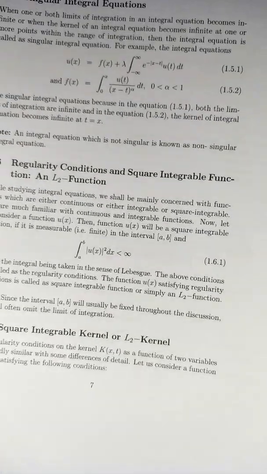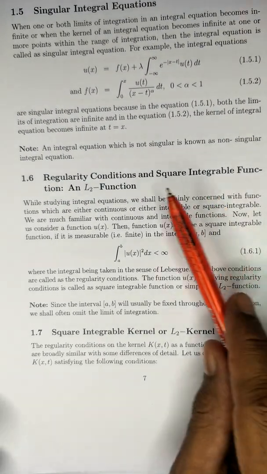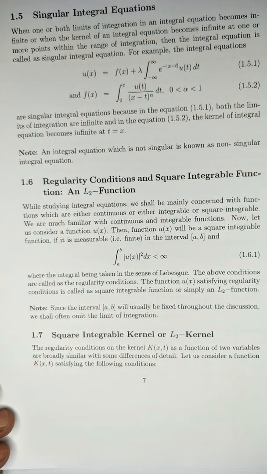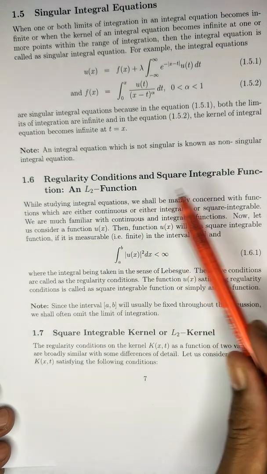Now that condition is given here. We call it the regularity condition, and square integrable function. So what are those?